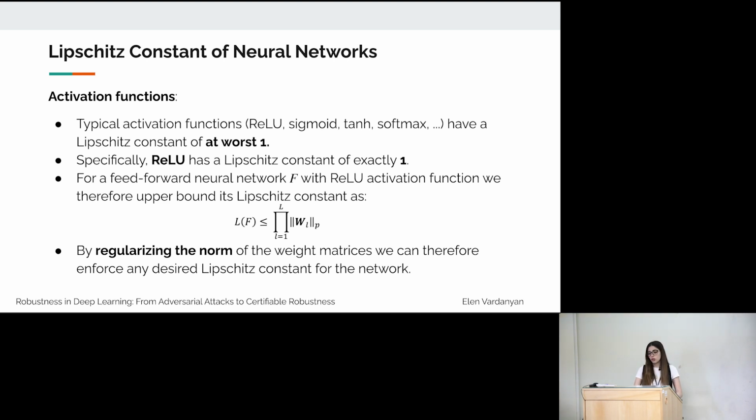For a neural network f with ReLU activation functions, we can again bound it with this formula, and this is also a sort of regularization of the norm of the weight matrices. So when we do this regularization on the weight matrices in our usual training, we do sort of enforce this Lipschitz constant for the network.